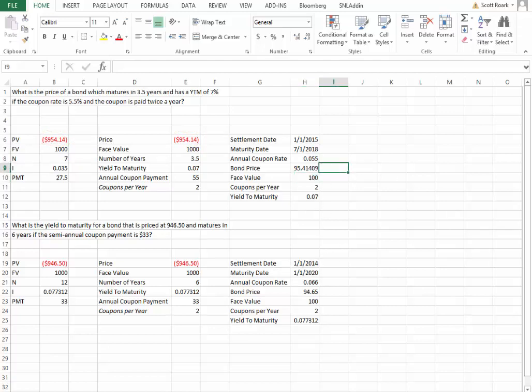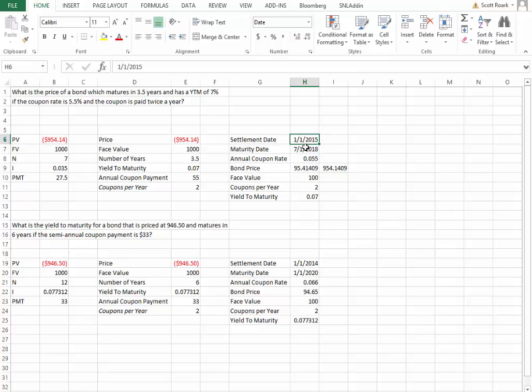If we just multiplied this number basically times 10 to get it to $1,000 face value for the bond, we'd be expressing price in terms of a $1,000 bond. 95.414% of 1,000 is going to be $954.14. So exactly the same quantitative output, but it's a bit different qualitatively. And you've got to remember that we're talking about percentages of par. So that's the price function.